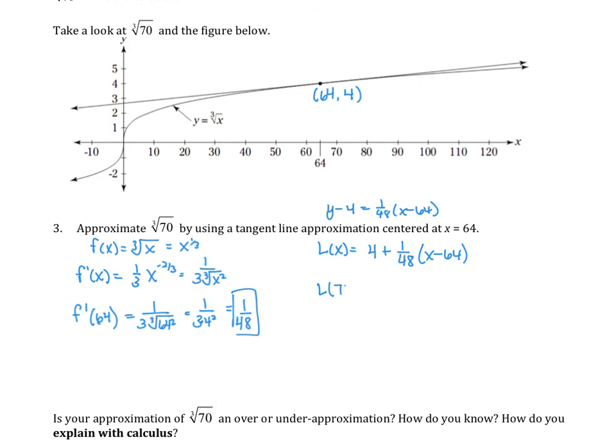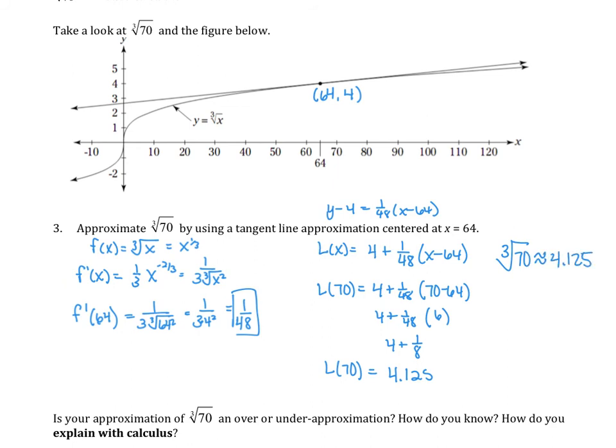The value of this function at 70 is 4 plus 1/48 times (70 minus 64), so 4 plus 1/48 of 6. That's 4 plus 6/48. Let's reduce 6/48 to 1/8. So 4 plus an eighth would be 4.125. So my linear approximation is 4.125, and we would say the cube root of 70 is approximately 4.125.